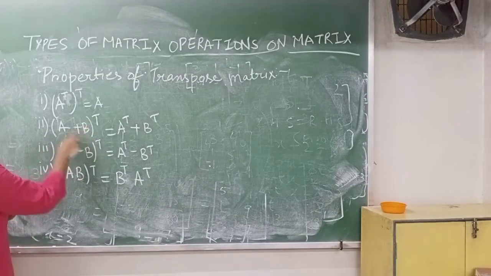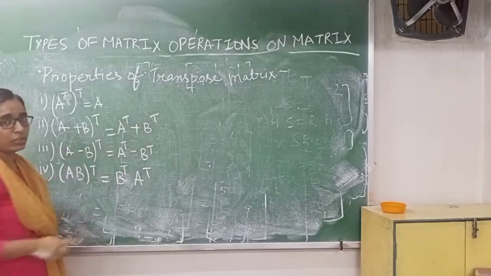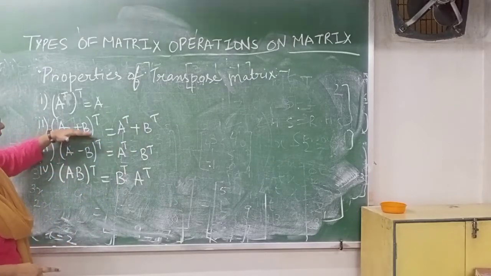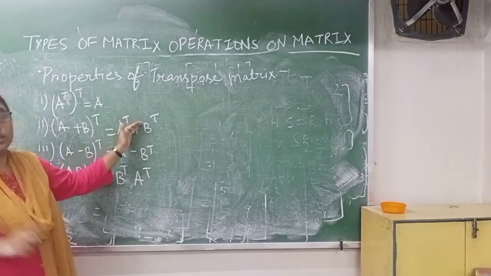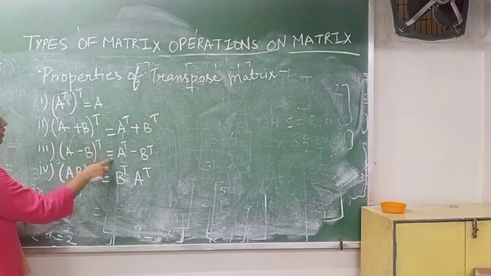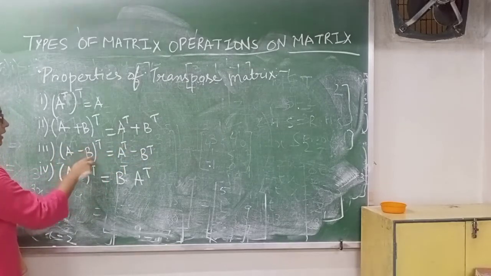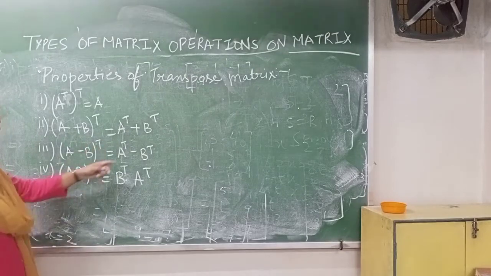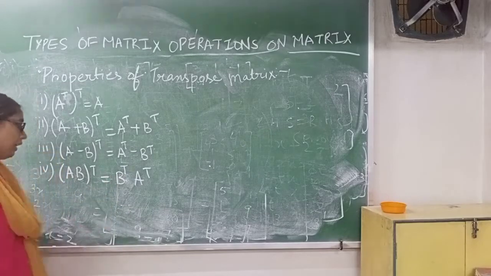Now (A plus B) whole transpose equals A transpose plus B transpose. It means first you add then transpose, or first transpose and then add, you will get the same thing. Same with minus: (A minus B) whole transpose equals A transpose minus B transpose.